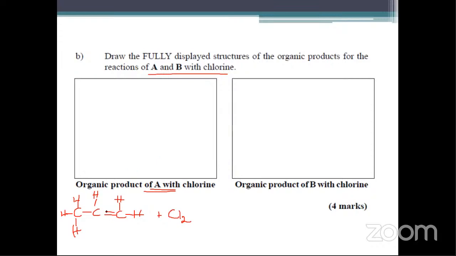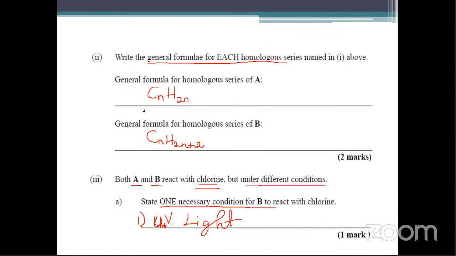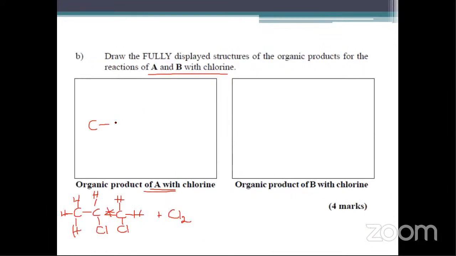So this is a double bond here, right? So what happens when you react the alkene with something? It's going to break the double bond. You remember that? And it's going to form the single bond across the double bond. And then it's going to attach the two chlorine atoms to each of the carbons. Do you remember that? All right, so again, this is what it looks like. So we're going to draw the final product.